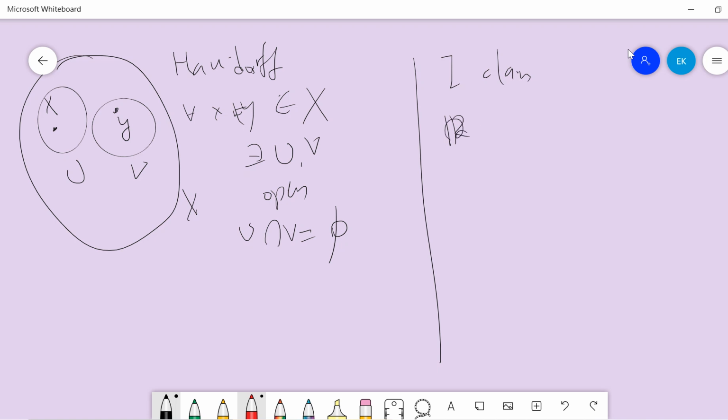Now I claim any subset of R in this topology is Hausdorff.